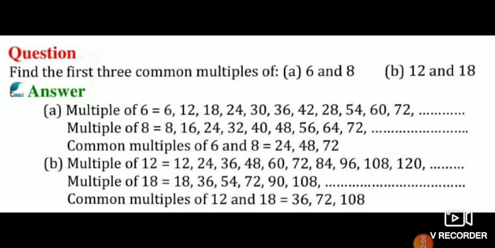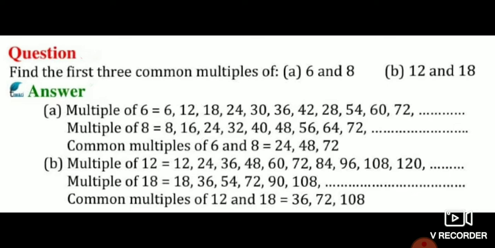Next 6 twelves are 72. 72 is a multiple of 6. Therefore multiples of 6 are 6, 12, 18, 24, 30, 36, 42, 48, 54, 60 and 72. These are all the multiples of 6.